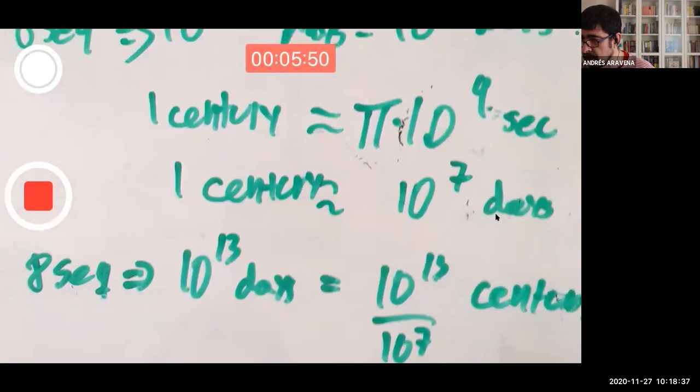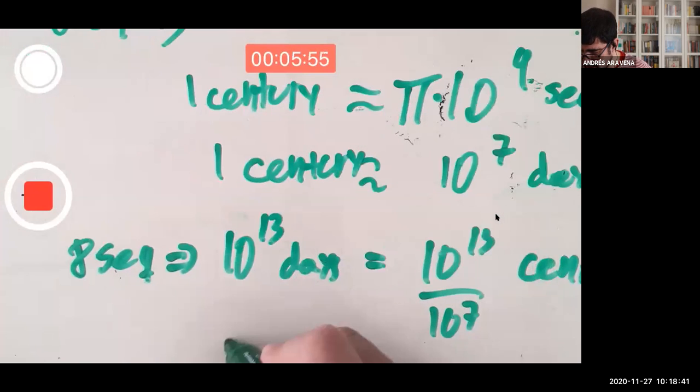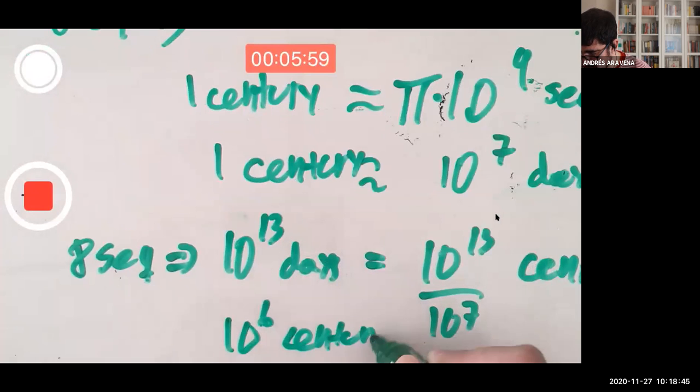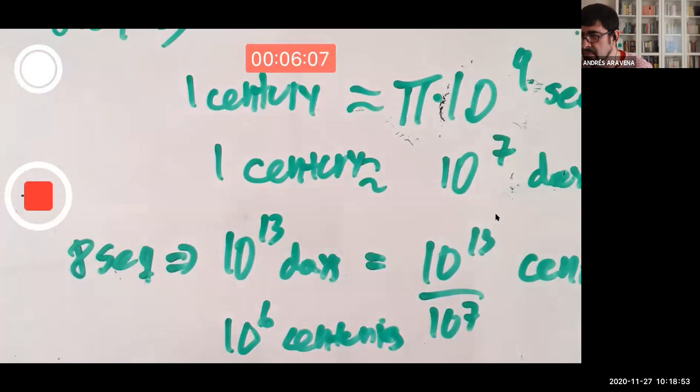And when you simplify, you get what we say here, 10 to the 6 centuries. Okay, I got the math wrong. Yeah. That is the second.